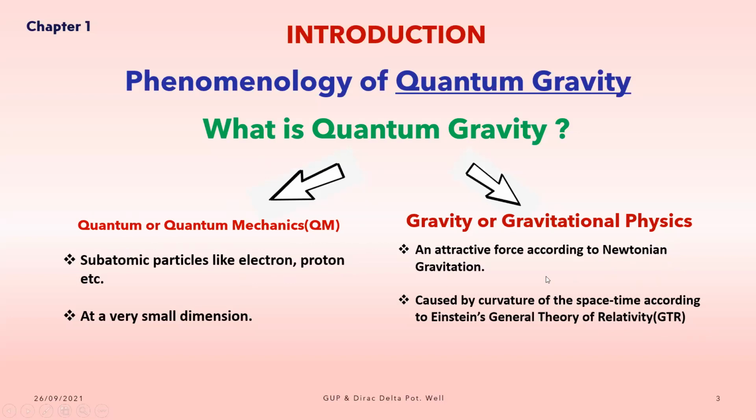Newtonian gravity says that this is the attractive force between massive objects or celestial objects like sun, star, etc. But the GTR says that gravity is the curvature of space-time due to those massive objects. Basically, we are interested in exploring gravity with the GTR, but I am not going into details on it.